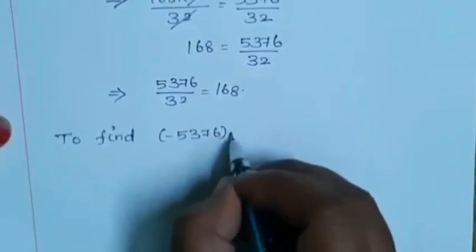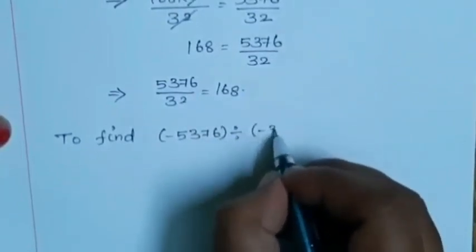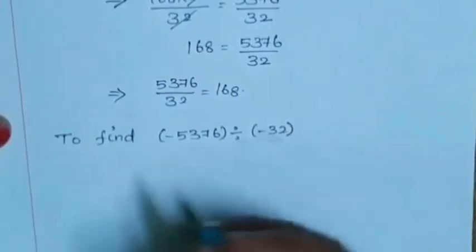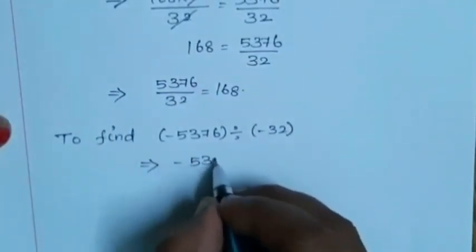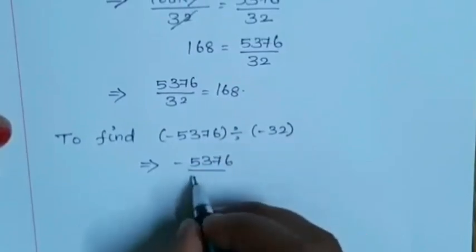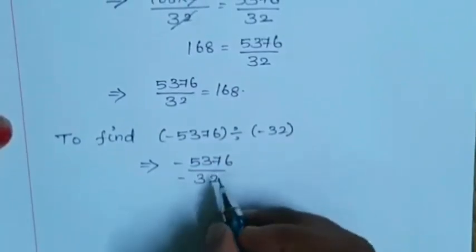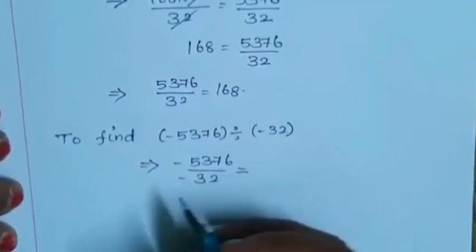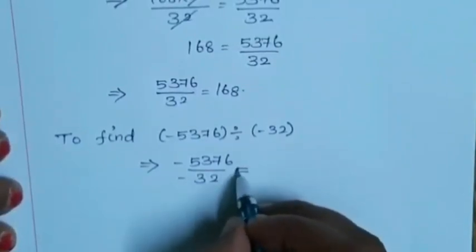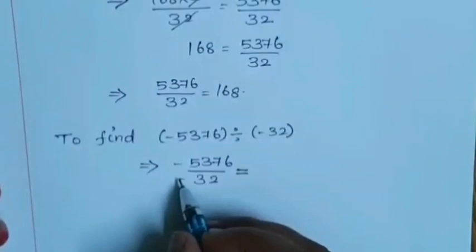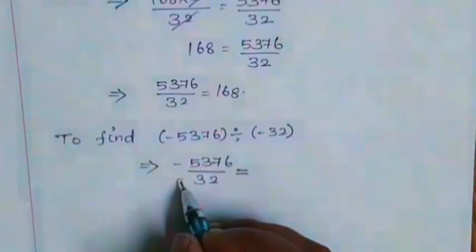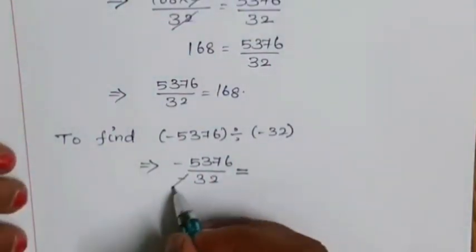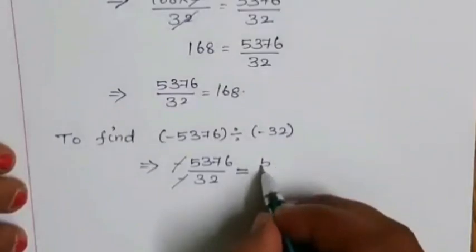To find minus 5376 divided by minus 32, divide minus 5376 by minus 32. We can find that on both numerator and denominator minus is there.